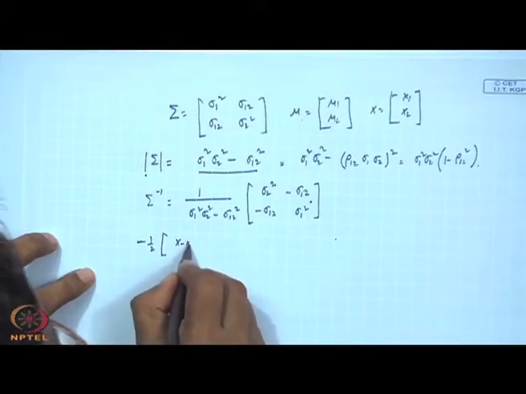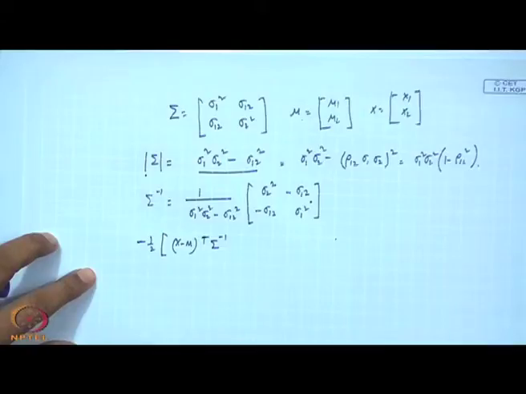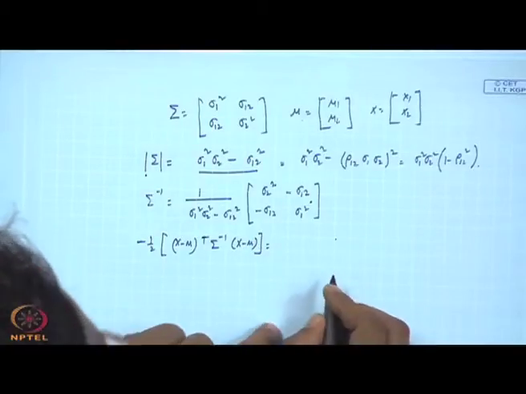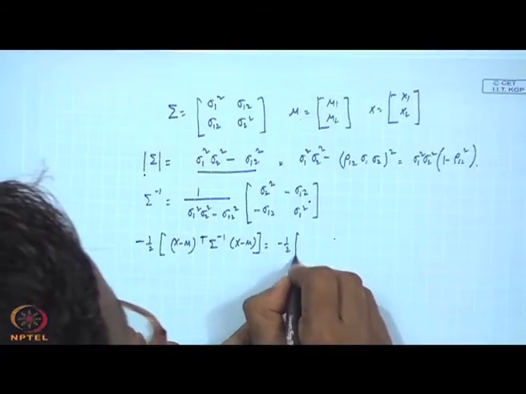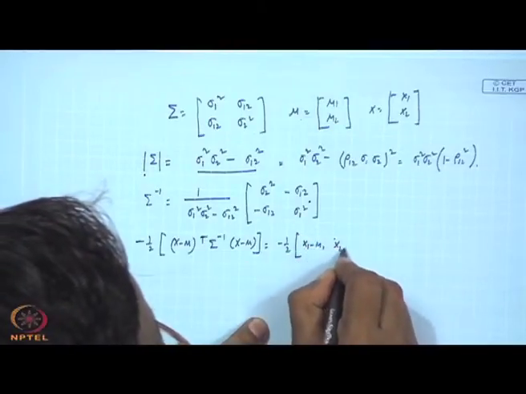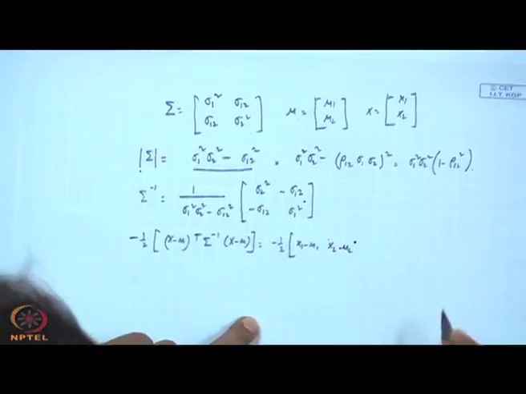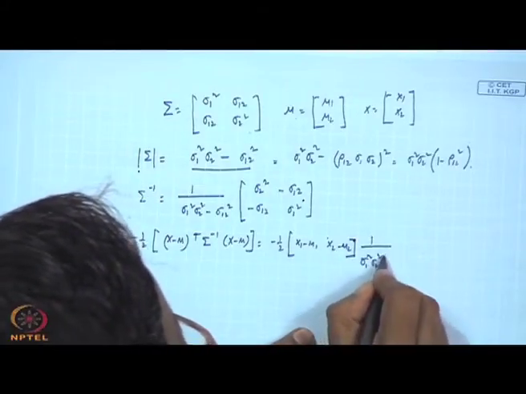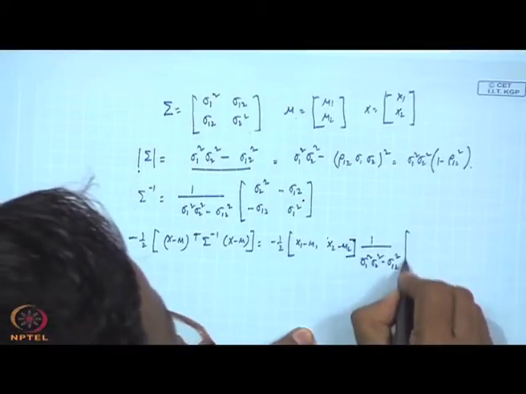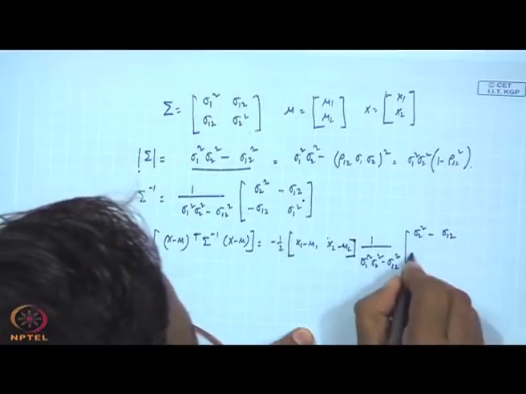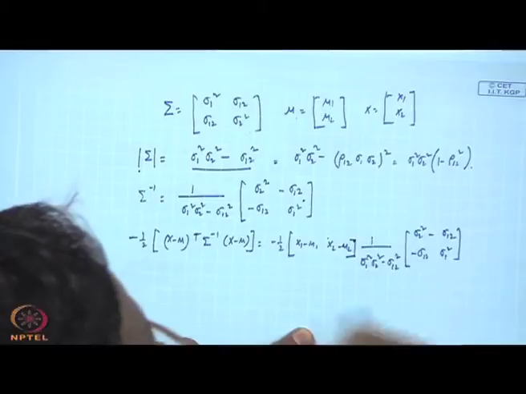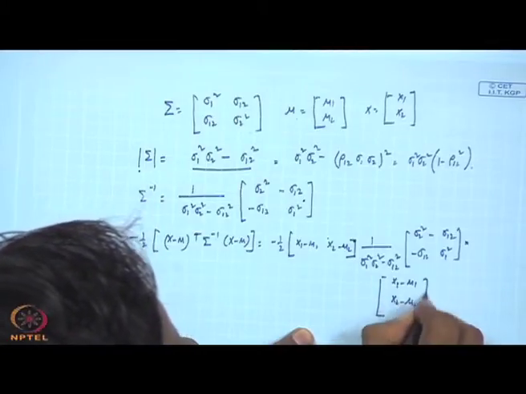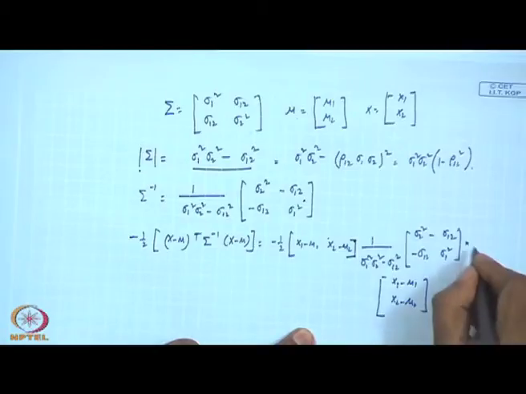Minus half x minus mu transpose sigma inverse x minus mu, which is equal to minus half (x1 minus mu1, x2 minus mu2), then 1 by sigma 1 square sigma 2 square minus sigma 12 square, into the matrix sigma 2 square, minus sigma 12, minus sigma 12, sigma 1 square, times (x1 minus mu1, x2 minus mu2). Correct.